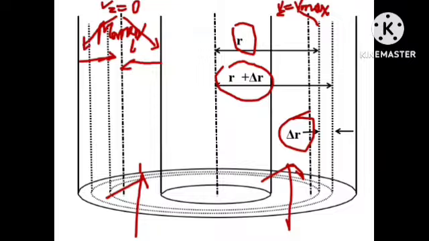What if we consider both as z equal to 0? Please remember, this is not for the inner radius now.